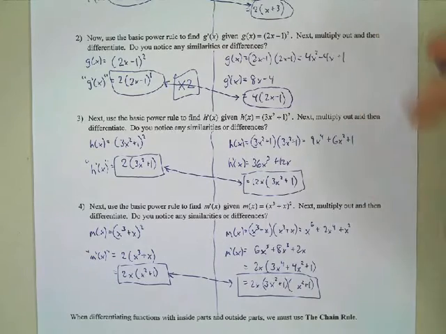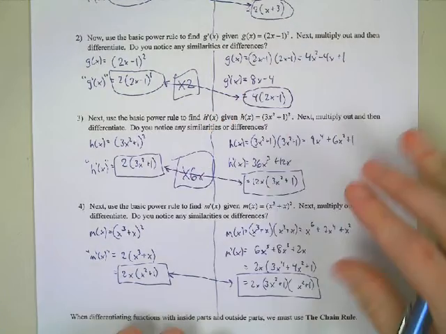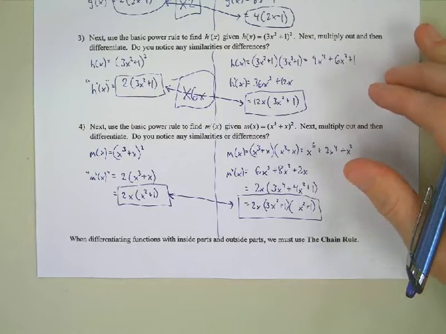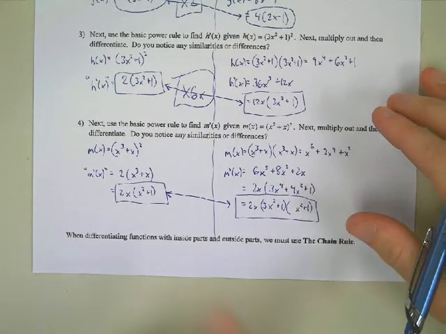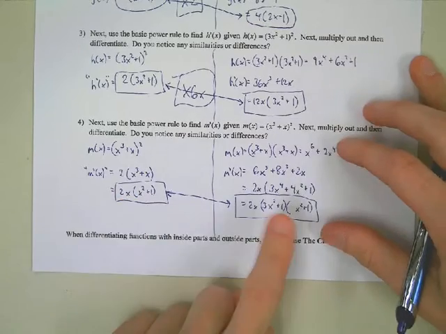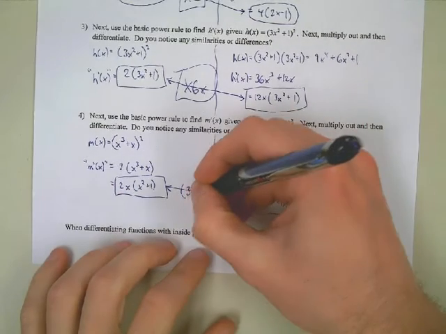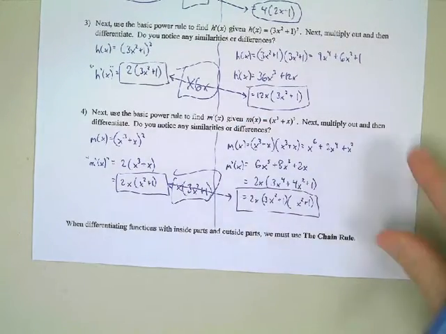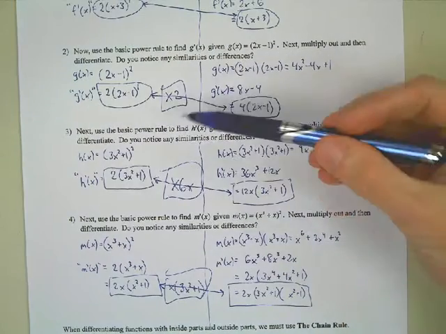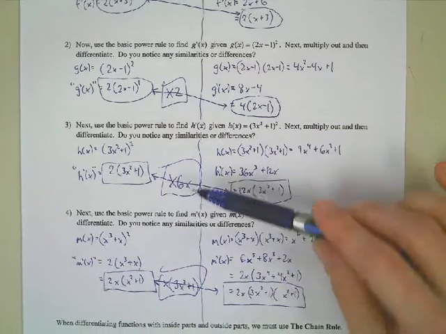Multiply by 6x. And then for this last one, what do I have to multiply this one by to get this? 3x squared plus 1. Where are we getting this times 2, this times 6x, and this times 3x squared plus 1?